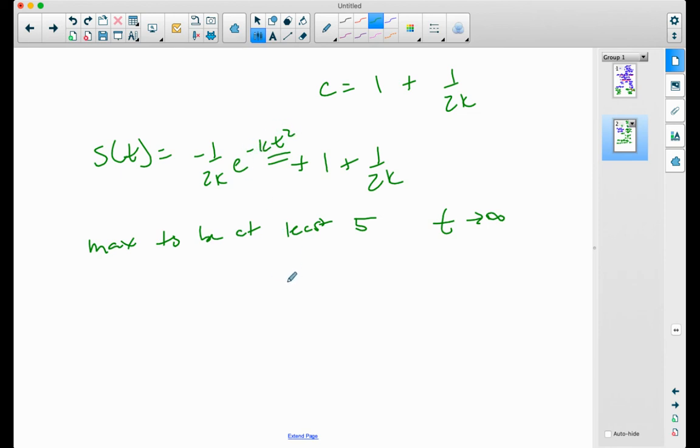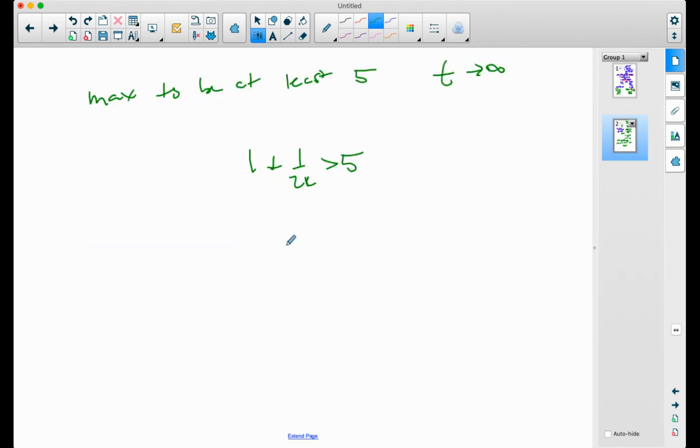And so I'm saying I want t to be 0, or sorry, infinity. And if t is infinity, I'm left with 1 plus 1 over 2k has to be bigger than 5. If I do some algebra on that, I subtract the 1 and it gives me 4.